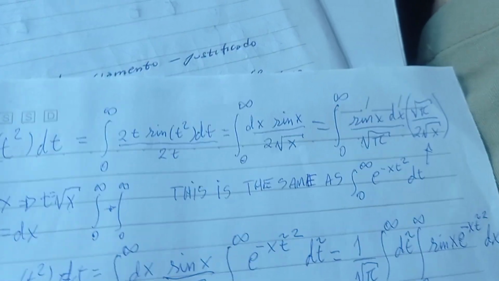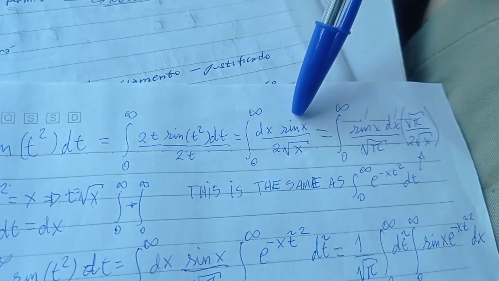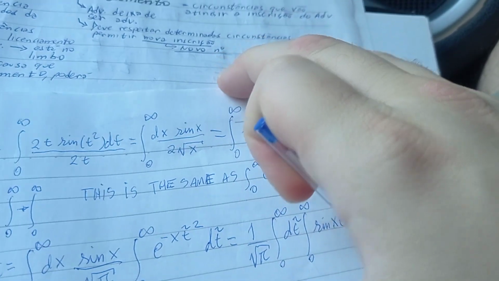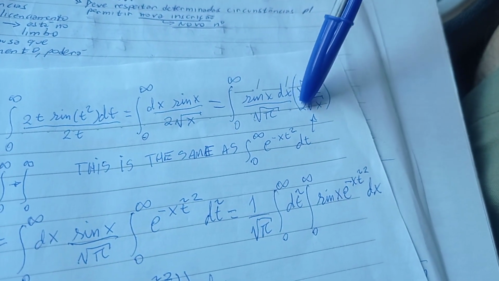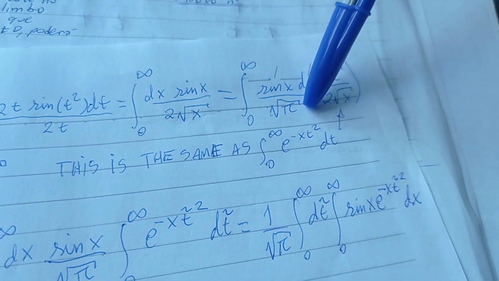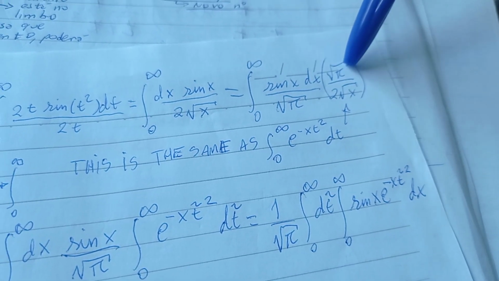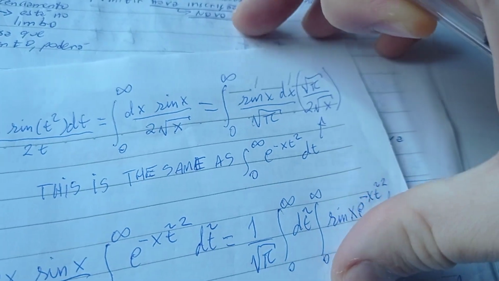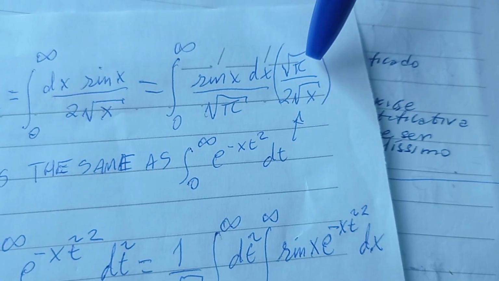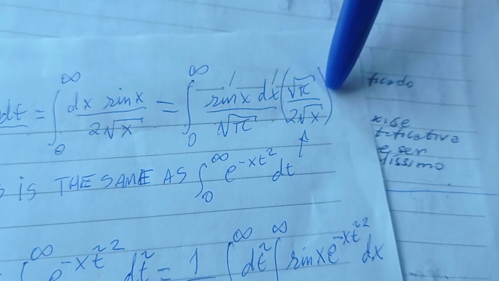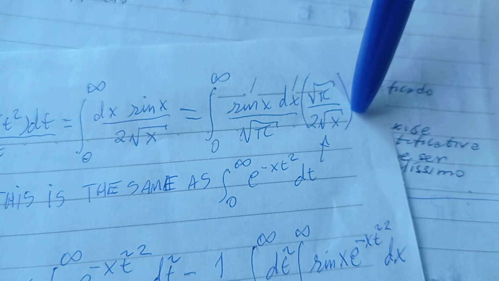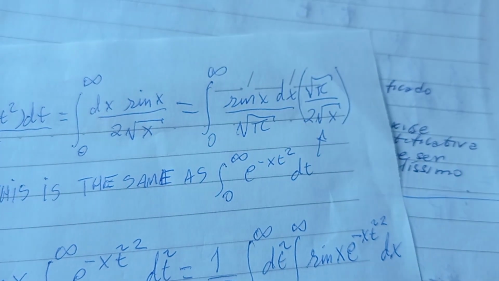Is this integral a lot better? Not really. But we can make a little magic happen, as in we're gonna multiply by square root of pi above and below, so that we have the square root of pi divided by 2 times square root of x. And this is the integral of the Gaussian from 0 to infinity with the parameter x.